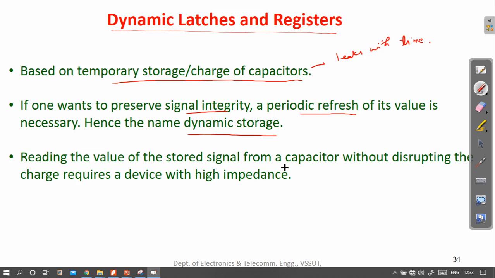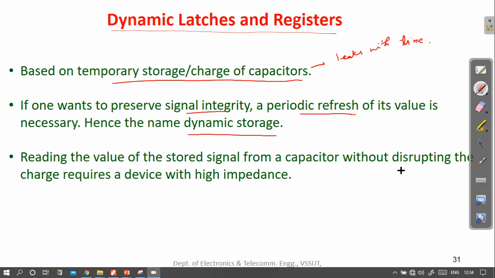The capacitor is small and has a small charge content, and if we want to read the stored charge, whether it is a 0 or 1, high or low, that should not change the charge content of the capacitor.